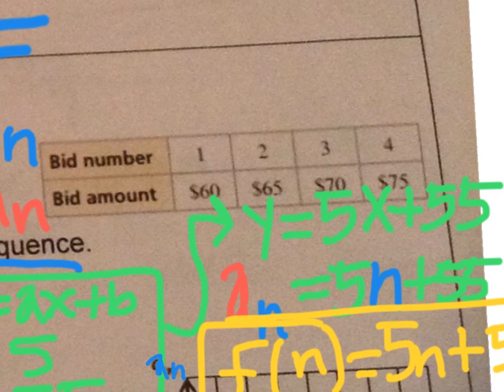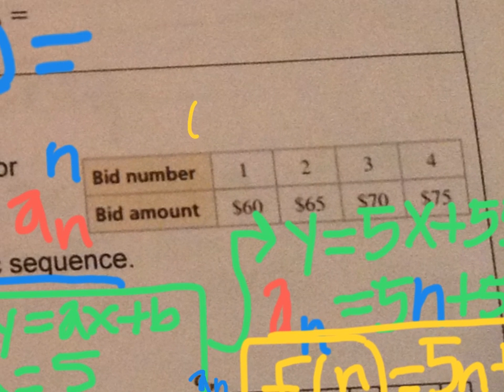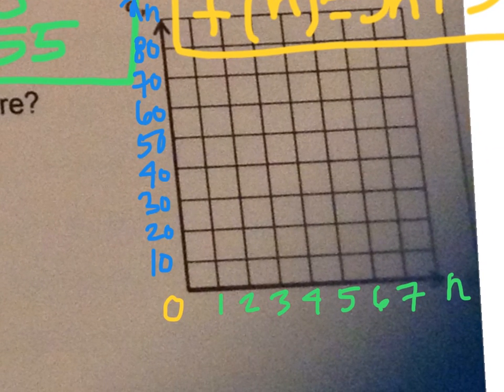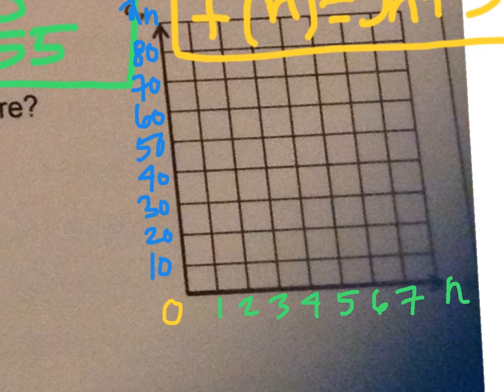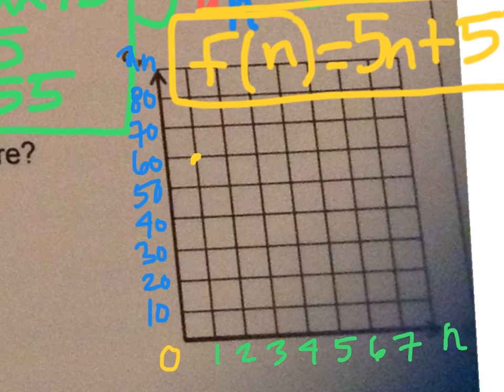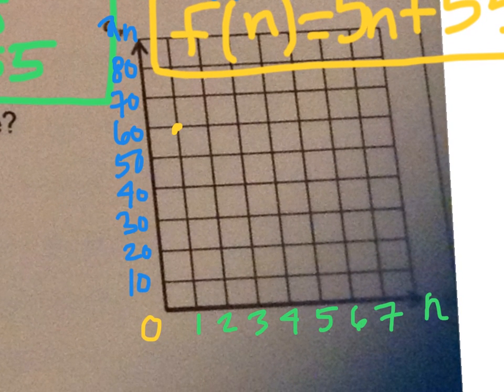The first point is going to be 1, 60. So let's go plot that on the graph. I'm going to go over 1 and up 60 and put a point right there. My second point is going to be 2, 65. So let's go plot that. Over 2 and up 65.